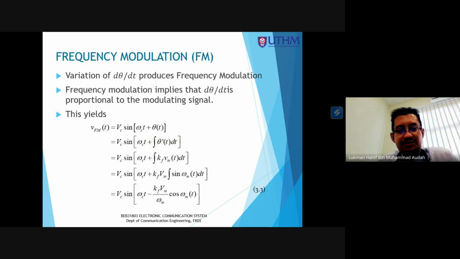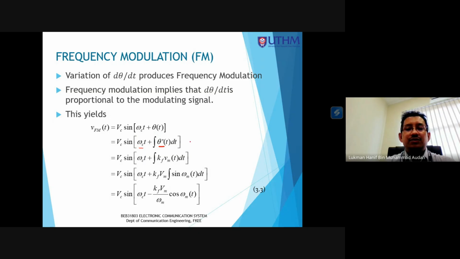However, for frequency modulation, how can we get the frequency modulation equation? The frequency modulation equation is Vc sine(omega c t plus theta t). In order to do this, we find theta t from theta prime t, so it is Vc sine(omega c t plus the integral of theta prime t dt).